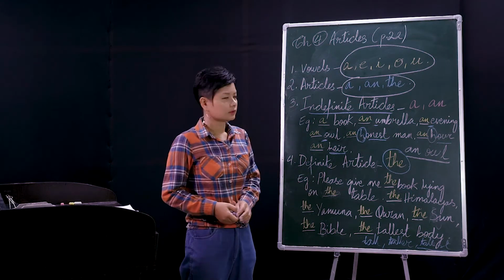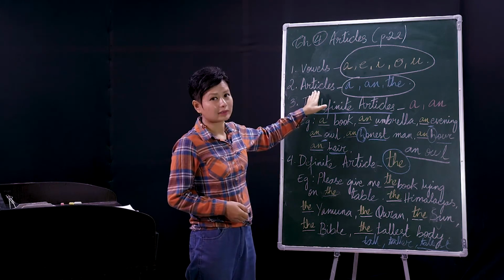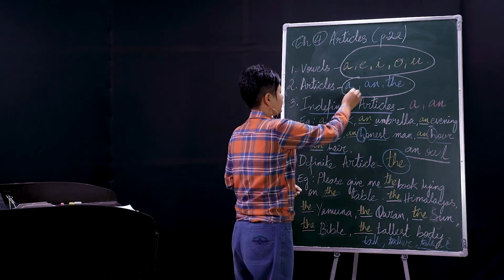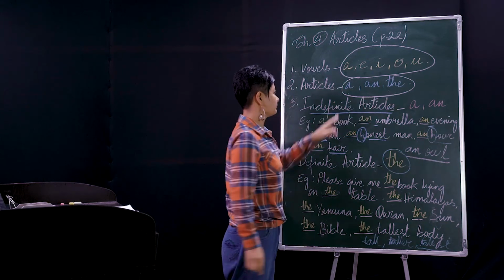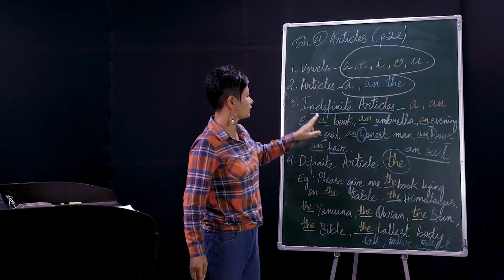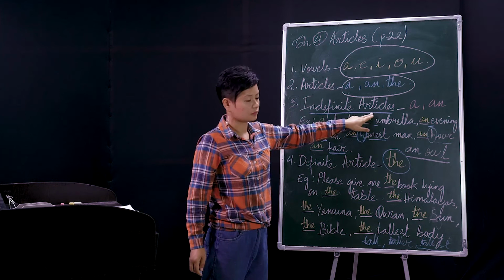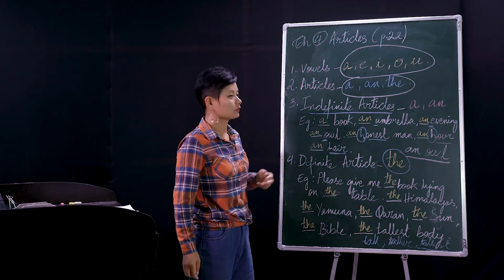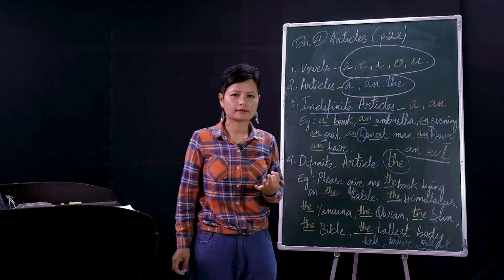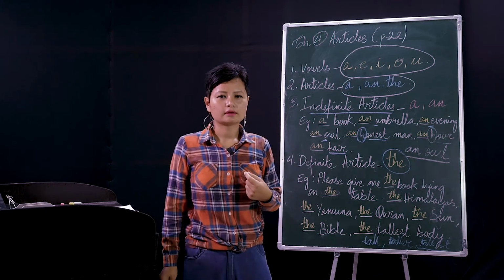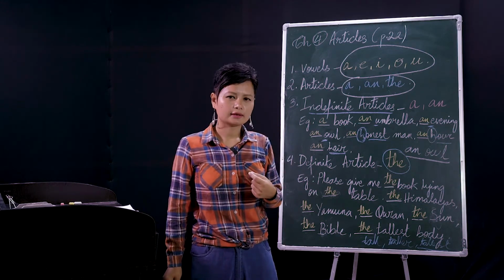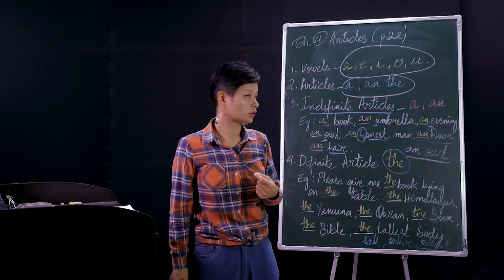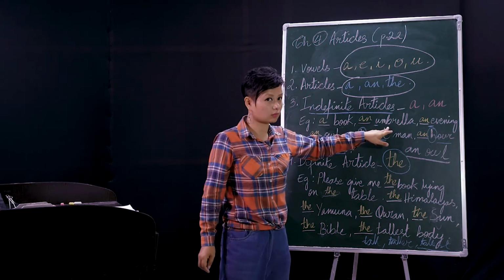So we have learned about articles today, isn't it? A and the. And then A and N is under indefinite articles, right? And then there are 3 rules. The first rule is that A or N is used to introduce the noun, the word book or umbrella, these are nouns, right?